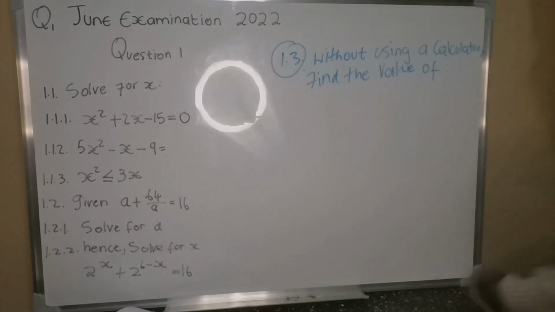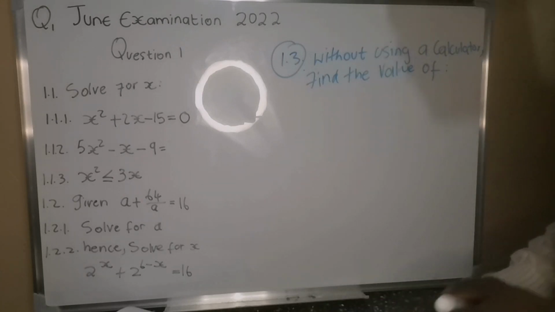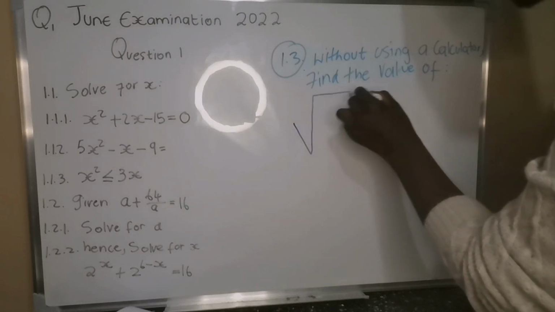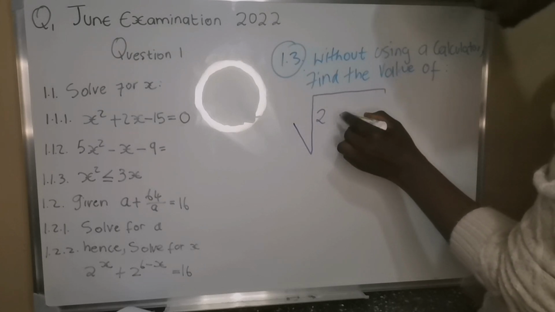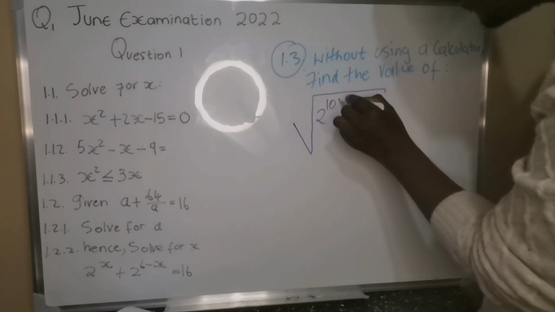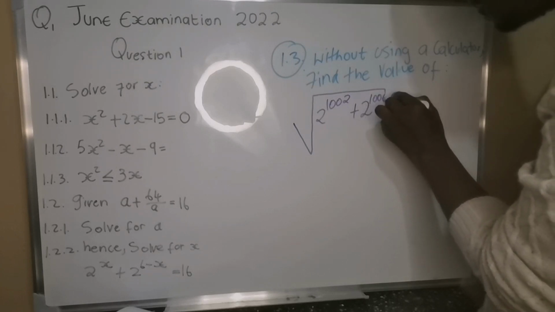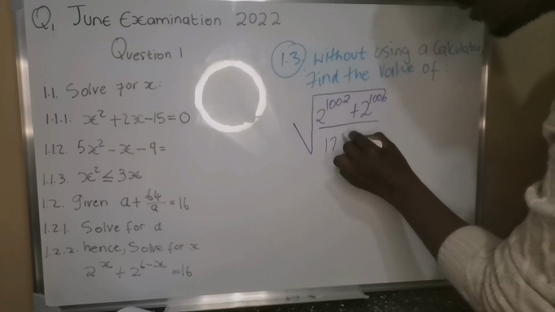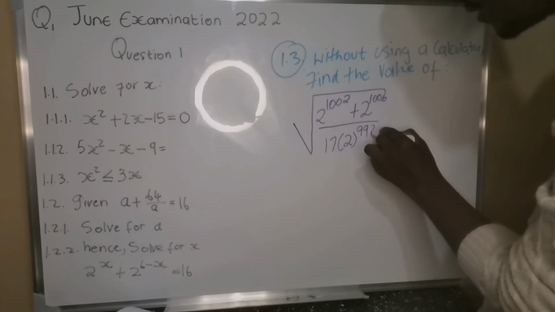This type of question likes to trigger your mind to think. Find the value of the square root of 2 to the power 1002 plus 2 to the power 1006, all divided by 17 multiplied by 2 to the power 998.